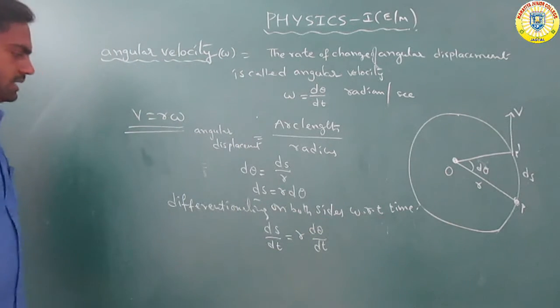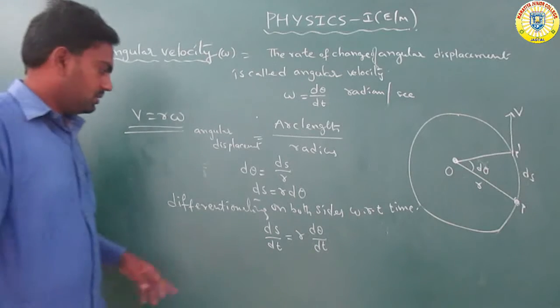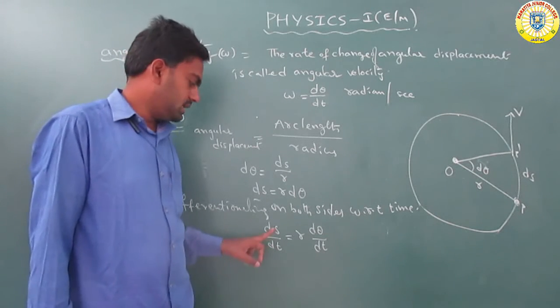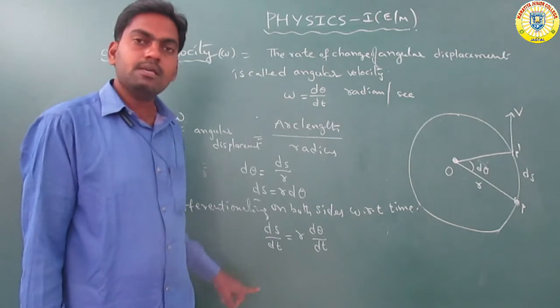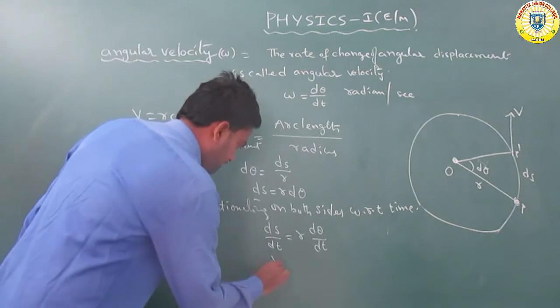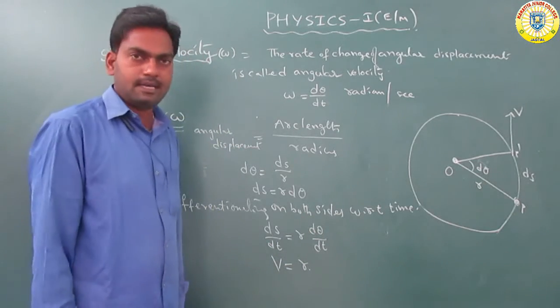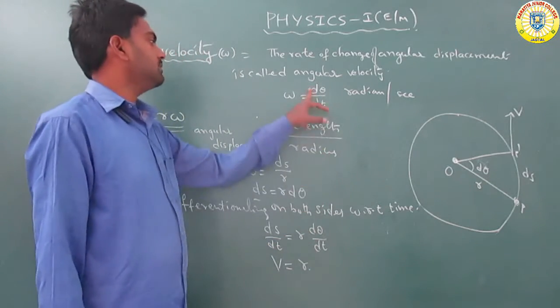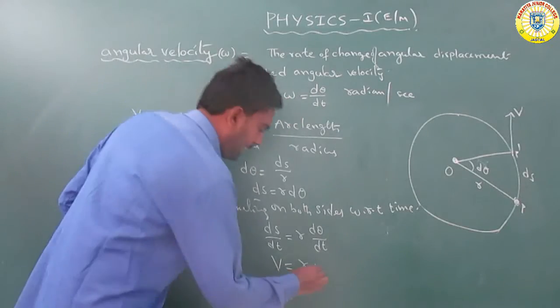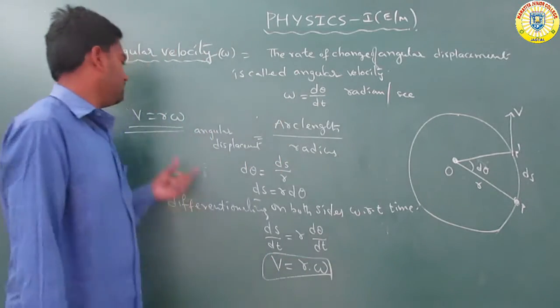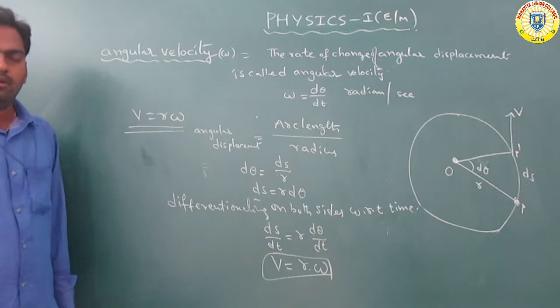Okay. So ds by dt is nothing but displacement by time. Change in the displacement by time is called velocity. We can write, R is the constant, that is the radius. D theta by dt is nothing but we can write omega, angular velocity. So V is equal to R omega. Now prove that. Okay, got it.